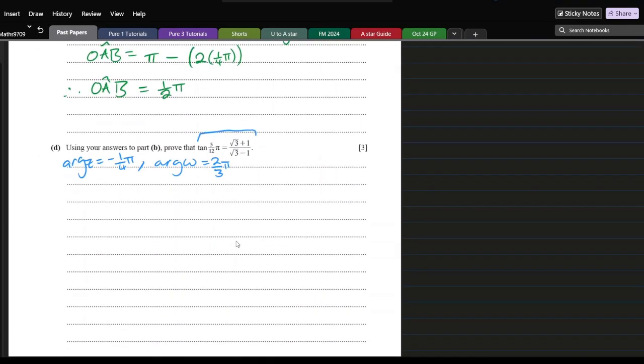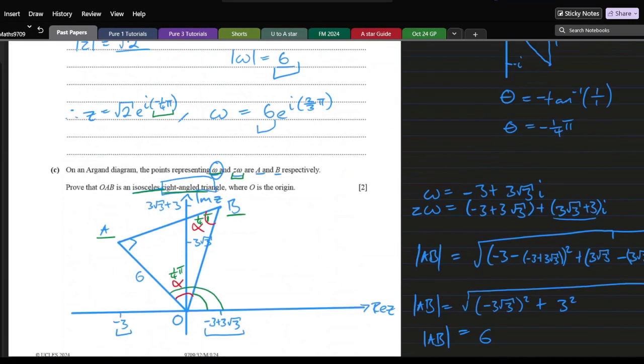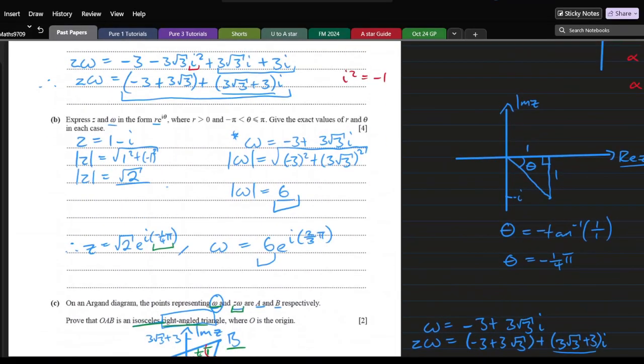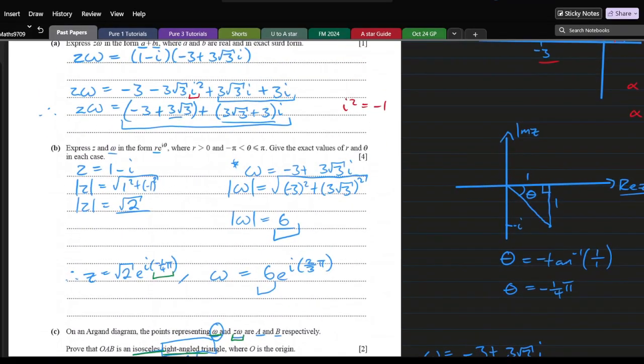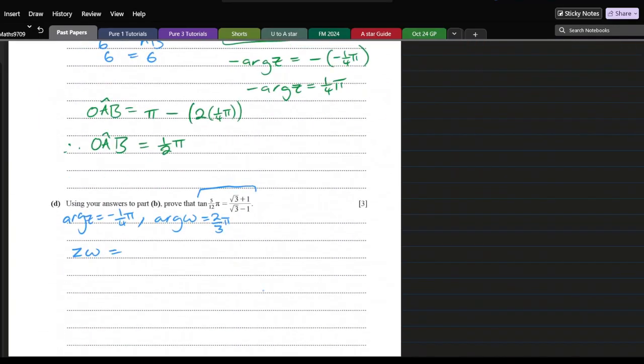So let's just write our z omega down here. Z omega, we said, is, I'll actually write this as 3 root 3 minus 3 for the sake of this. So that's 3 root 3 minus 3 plus 3 root 3 plus 3i.